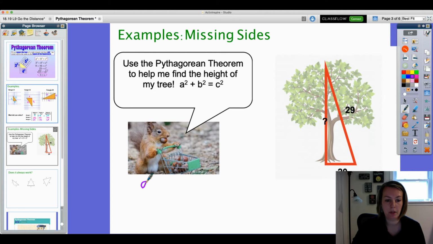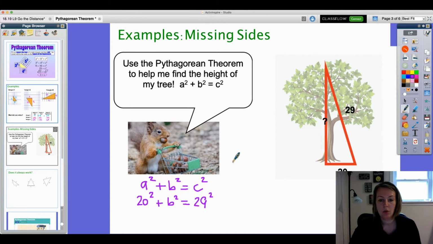So remember, the Pythagorean theorem says a squared plus b squared equals c squared. Now I have my first leg, which is 20, and I'm going to square that. And then I don't have my b squared, so I'm just going to leave it as b squared. But I do have my hypotenuse, which is 29 squared.